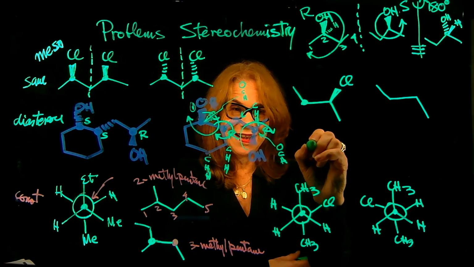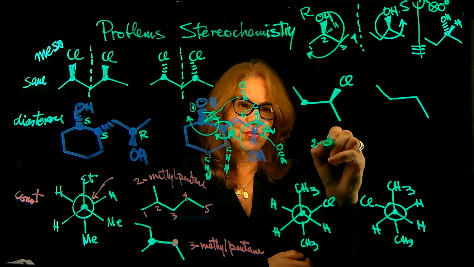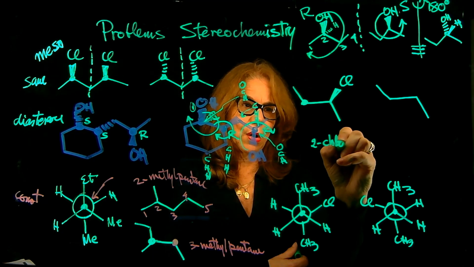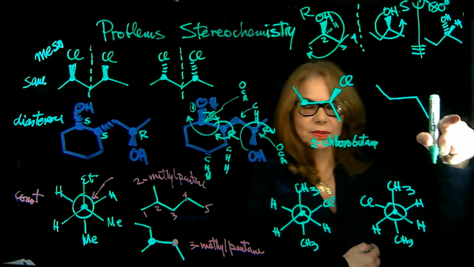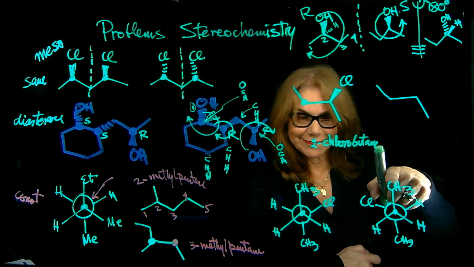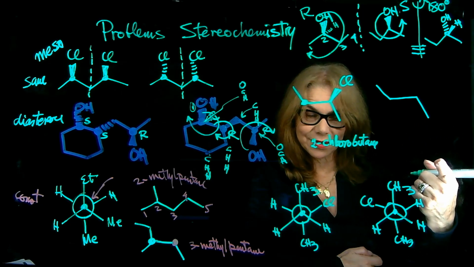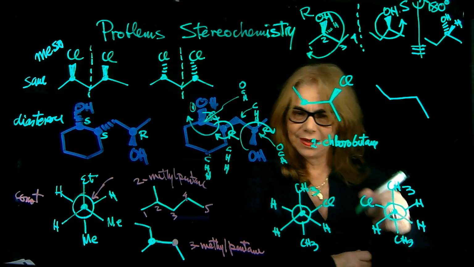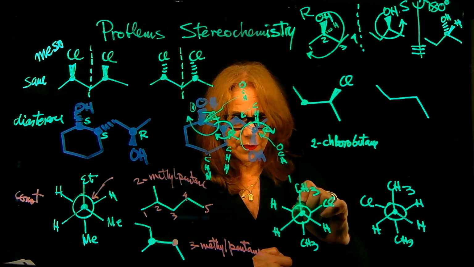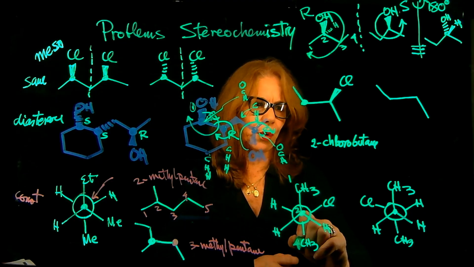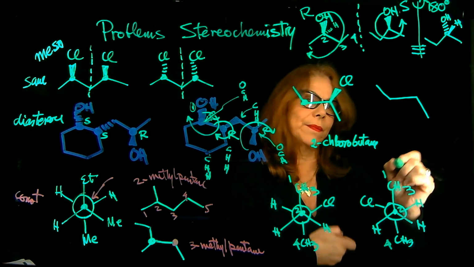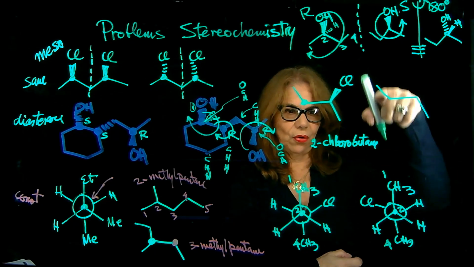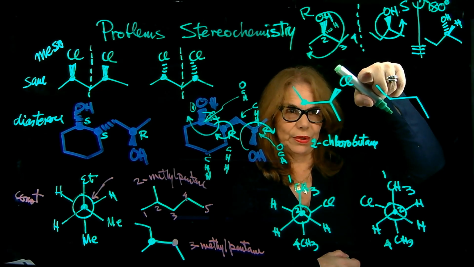And we can add the configuration, 2-chlorobutane. This is also butane, so 1, 2, 3 is a carbon in the back, and 4. And here you will do the same. 1, 2, 3 in the back, that's 4. And this is what I'm doing. So the carbon in the front has this methyl going up.